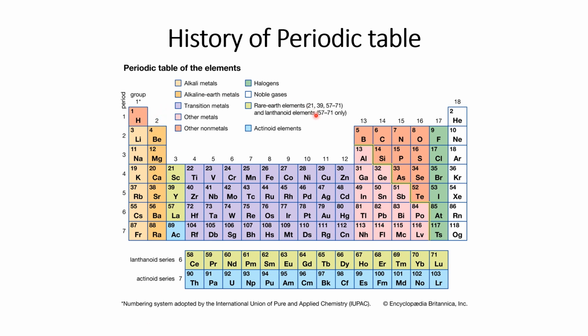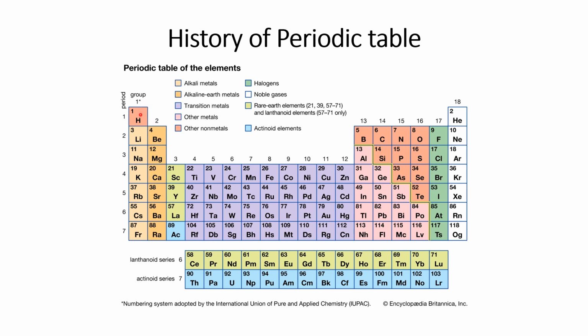Here we are seeing the modern periodic table, and in the periodic table you see the elements are arranged by the atomic number. Here you see there are groups and these are periods.